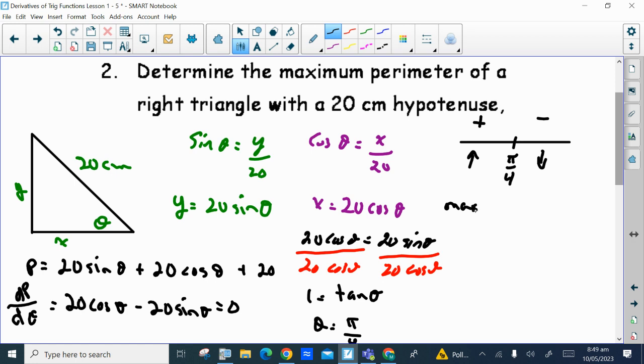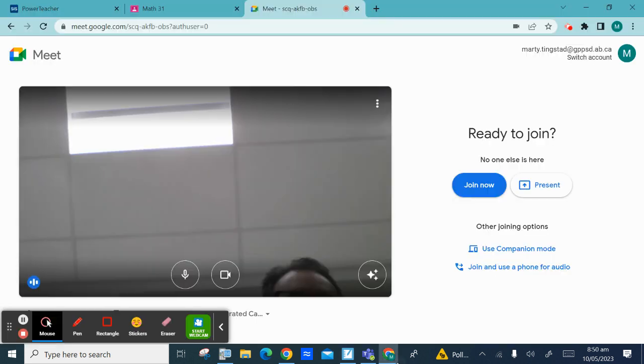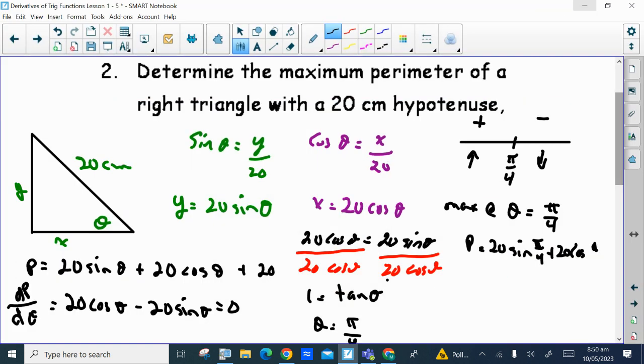And now we can find out what that maximum perimeter is by letting theta equal pi on 4 in our P equation. So P will equal 20 sine pi on 4 plus 20 cos pi on 4 plus 20.